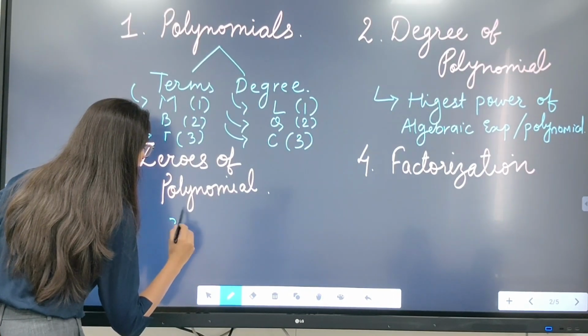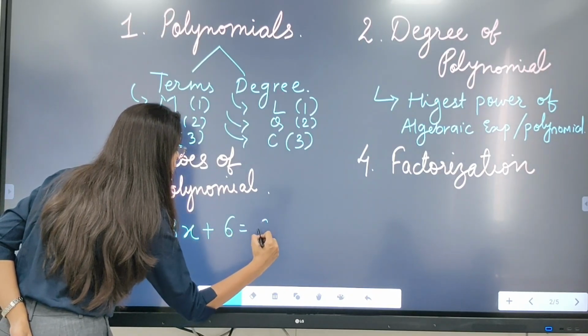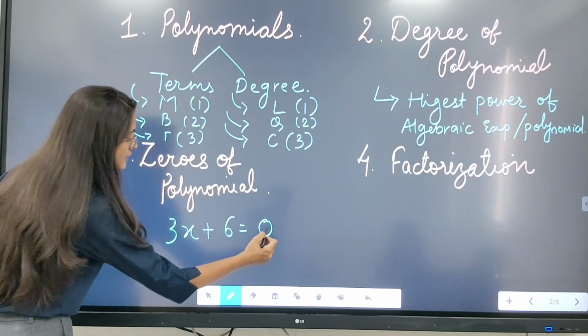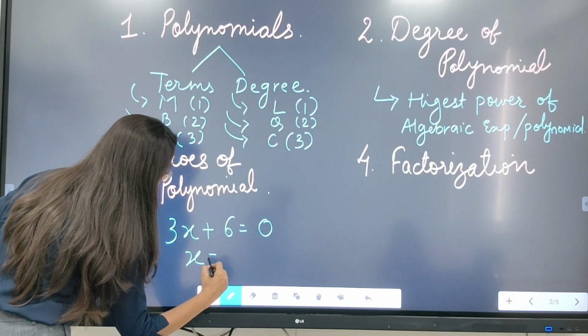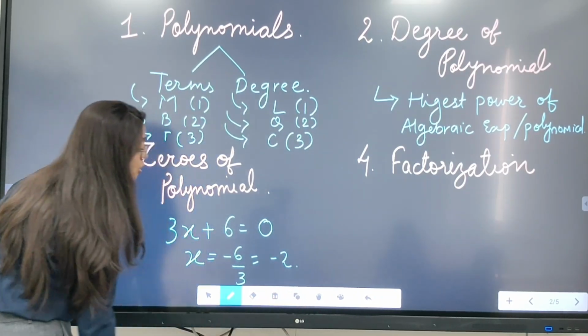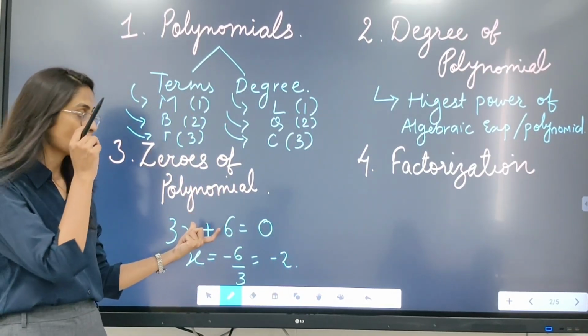Here, 3x plus 6 equals to 0. So what should I substitute in the place of x to obtain 0? That could be found out as x equals to minus 6 by 3, which will be negative 2. So we can say that negative 2 is the 0 of this particular polynomial.